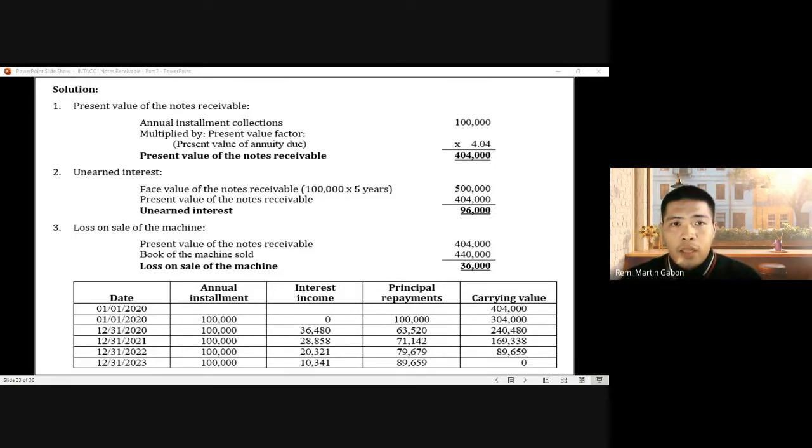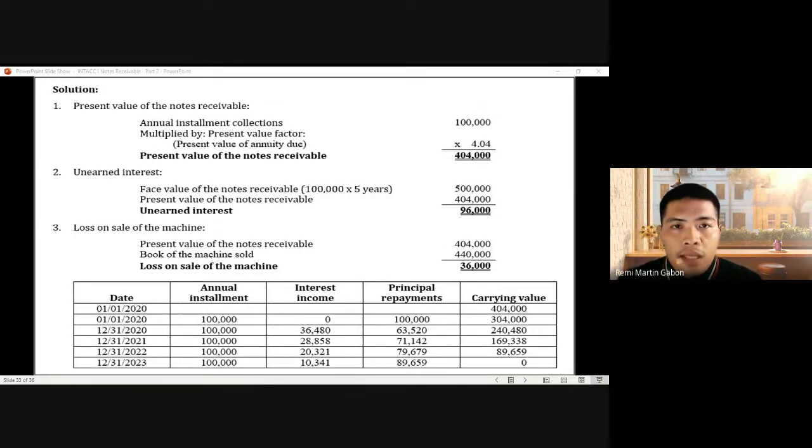So kung 89,241 plus 79,679 plus 71,142 plus 63,520 plus 100,000. Guys, kulang tayo ng 418. Okay, magkukulang ng 418. Magsusobra naman yung interest natin.